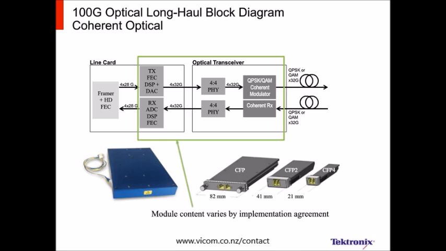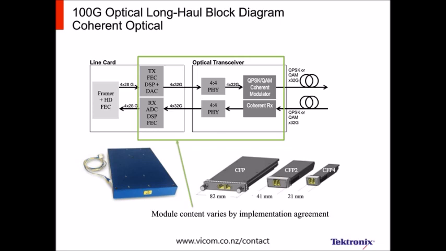Now, as we move from the 5x7-inch module to some of these smaller modules, as the OIF is doing, we don't necessarily have the same dividing line. For example, there's a CFP version that I'll mention in a second that does include all of this, just as the 5x7-inch module did.